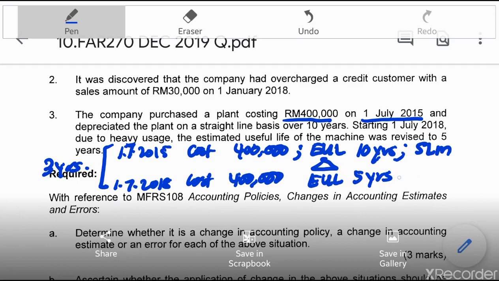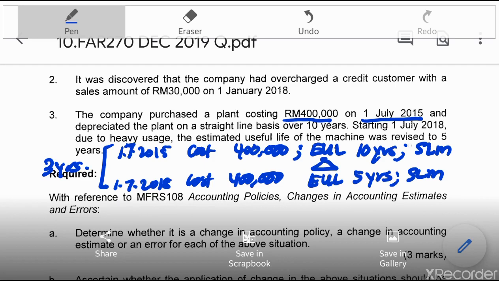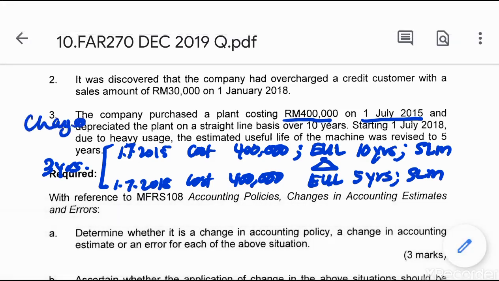What you need to see is the effect on the depreciation. Will that reduce the depreciation or will that increase it? This one relates to changes in accounting estimate.